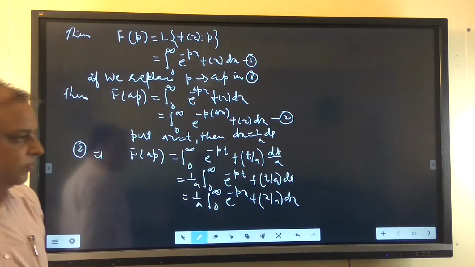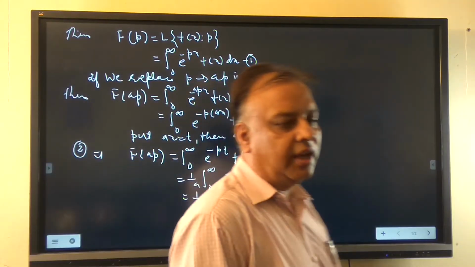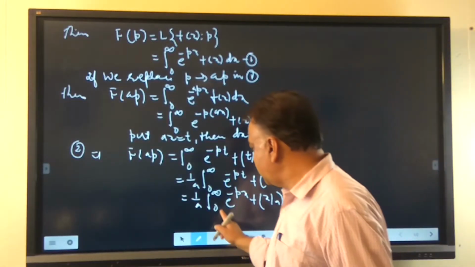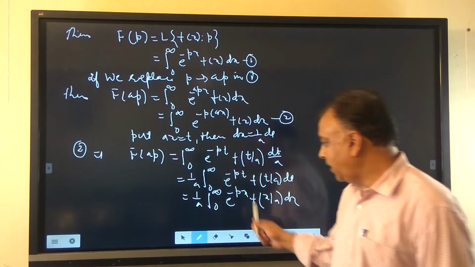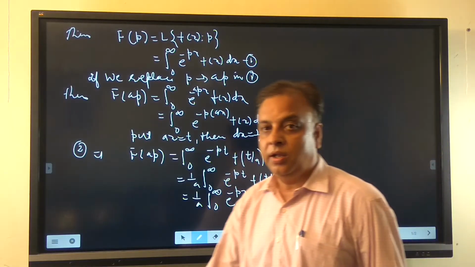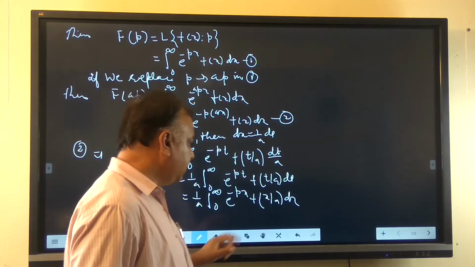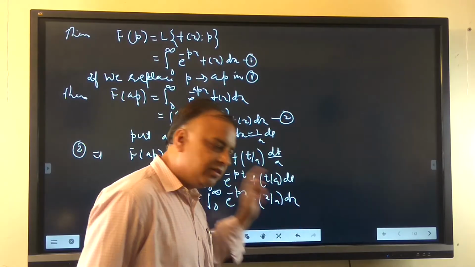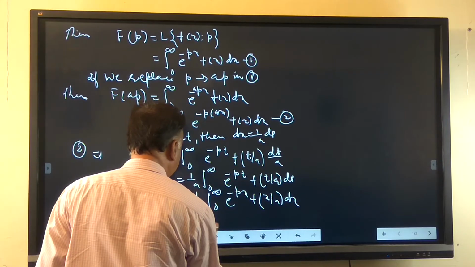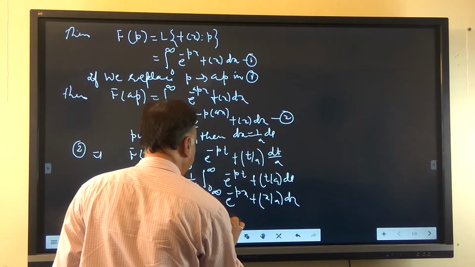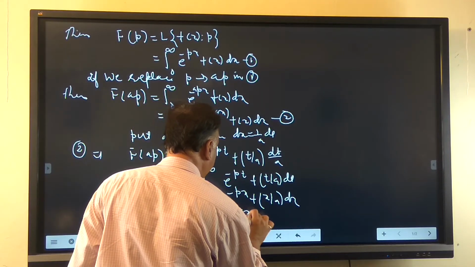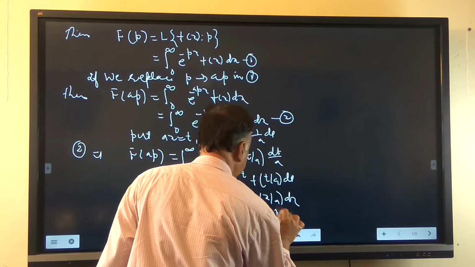If we see the integral on the right hand side, it is the integral from 0 to infinity of e raised to minus px f(x/a) dx, which is the Laplace transformation of the function f(x/a). So this is nothing but 1/a times the Laplace transformation of f(x/a) with respect to p.